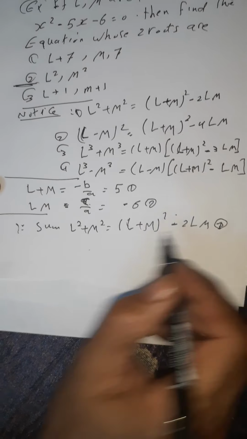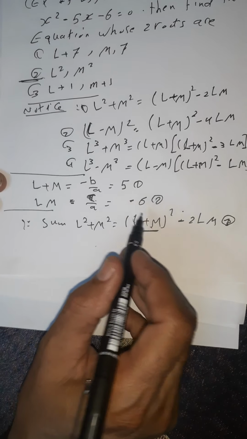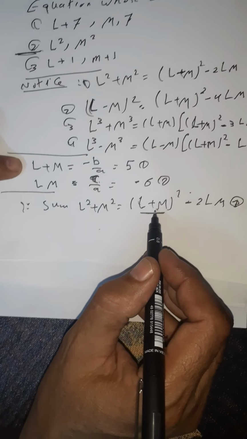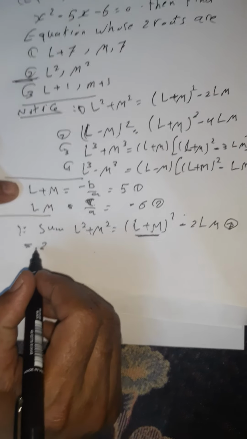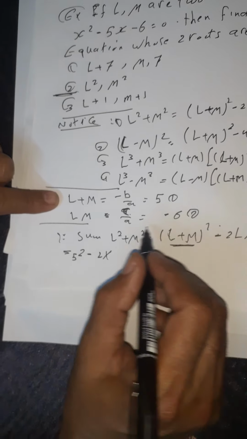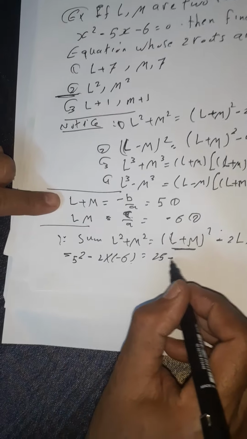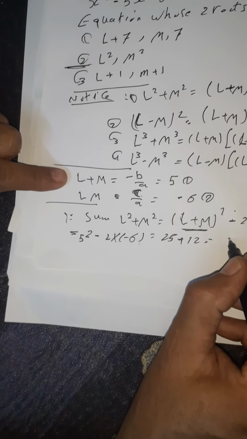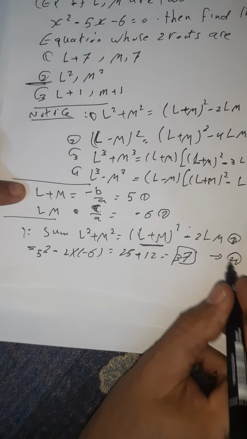From 1, 2 and 3, we can replace L plus M all power 2 and put L plus M equal 5. Then this expression equals 5 power 2 minus 2 times LM, negative 6, equals 25 plus 12, 2 times 6 equals 12, equals 37. This is number 4.